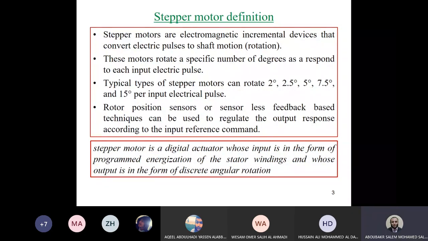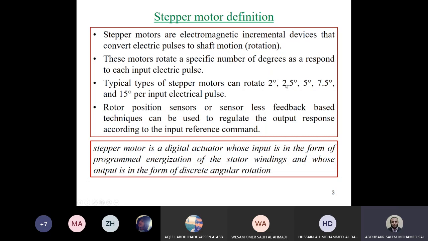A rotor position sensor or sensorless feedback-based techniques can be used to regulate the output response. But for this kind of motor, because the motor can move in accurate steps, we can operate the motor and estimate its position without using feedback control. Just open loop control is sufficient to control this motor.